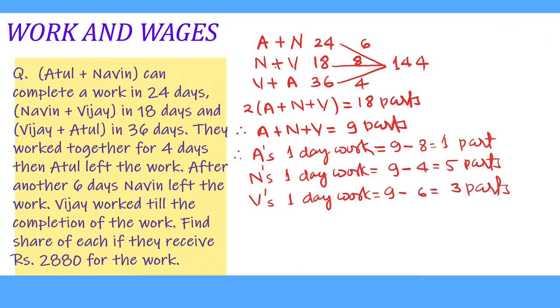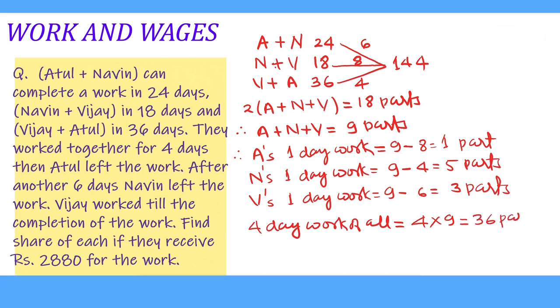Atul worked for 4 days, Naveen also worked for 4 days, and Vijay also worked for 4 days when they worked together. So they completed 4 day work of all equal to 4 multiplied by 9, because all together we are completing 9 parts every day. So 4 day work of all equals 36 parts.